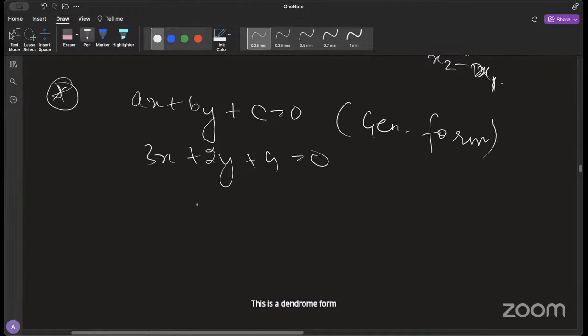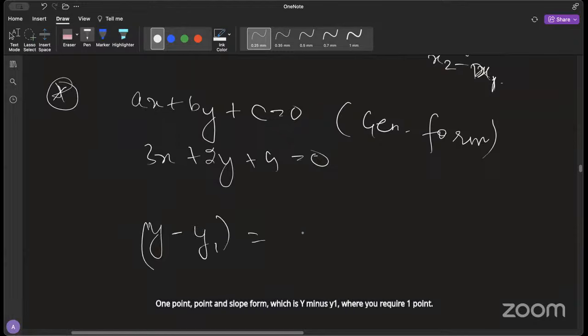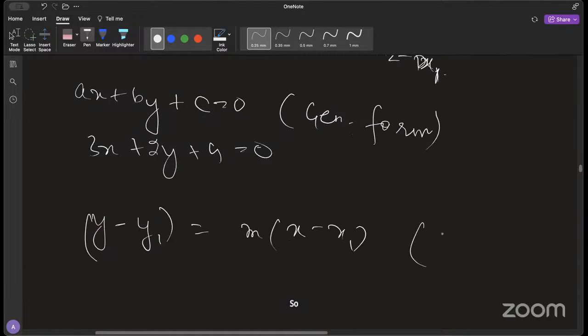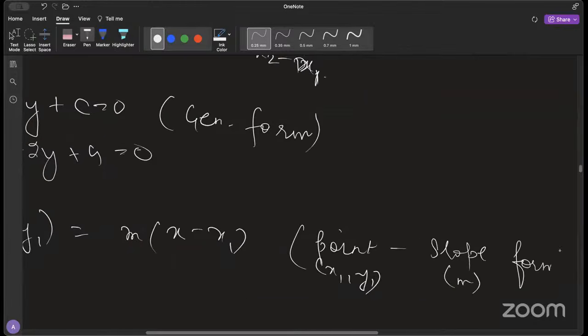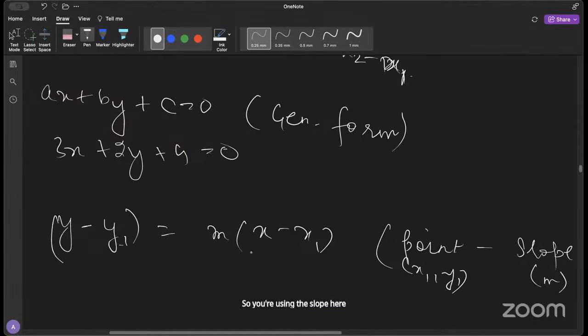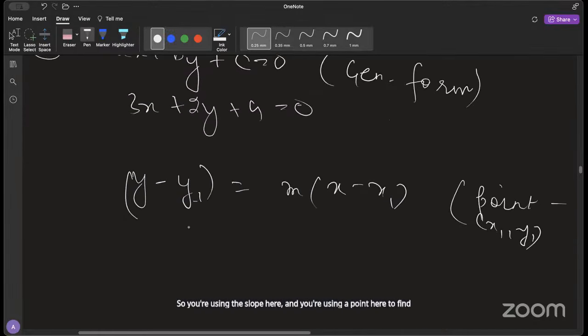Then you have the point slope form, which is y minus y1 equals m times (x minus x1), where you require 1 point. So this is point slope, where your point is x1, y1, and your slope is m. So you're using a slope and a point to find the equation in this form.